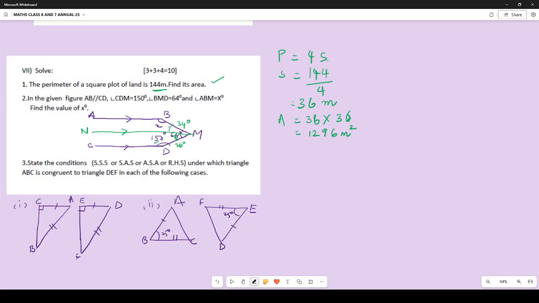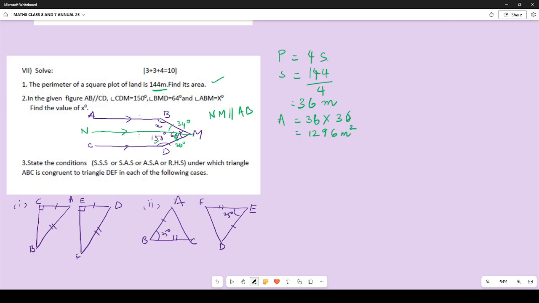Now, when this part becomes 34 degrees, remember that these two lines are also parallel. So what we have constructed is NM parallel to AB, or NM parallel to CD, whichever way you want to say it. Now, when you consider them to be parallel, BM becomes the transversal.